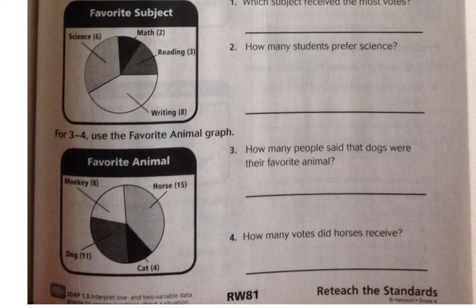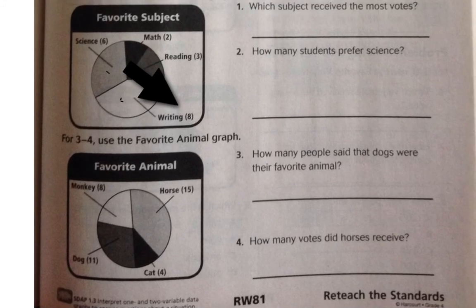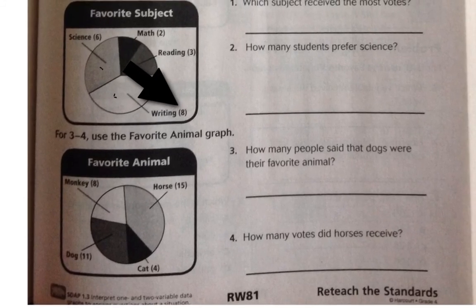All right, so looking at our examples here, which subject received the most votes? Looking at our subjects graph right here. All right, so if I'm just looking at this, this one right here and this one right here look almost the same. It's really kind of hard to determine which one is bigger just by sight. But luckily enough here, they gave us a number to correspond with our pie.